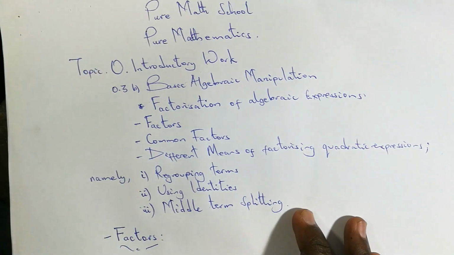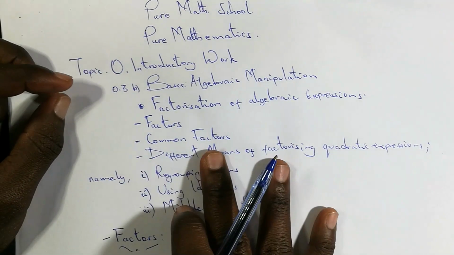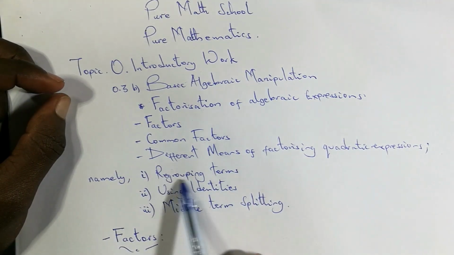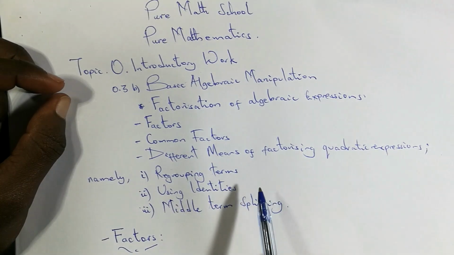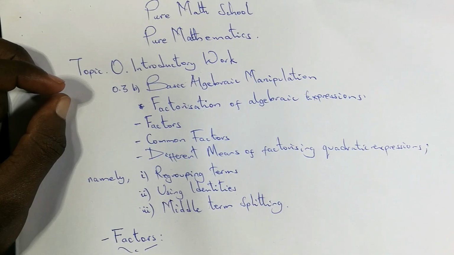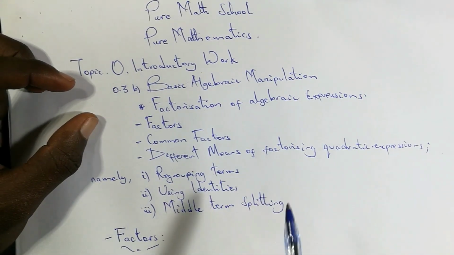Today we are going to look at factorization, and the different ways we can do it. That's by regrouping terms, using the identities we looked at last time, or by splitting the middle term, which I also gave some hint of in our previous video.